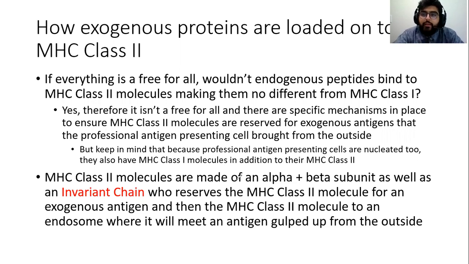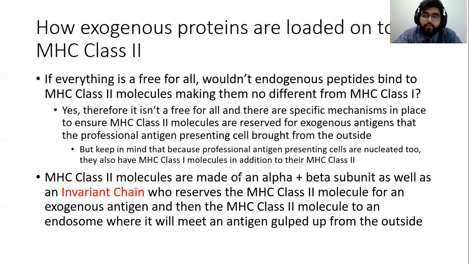It doesn't let any antigen bind to MHC Class II so casually. Rather, you have to get rid of the invariant chain if you want anything to bind to MHC Class II, right? And just free floating in the cytoplasm is not going to make the cut, because that invariant chain is quite hardy. So you have to break off the invariant chain.